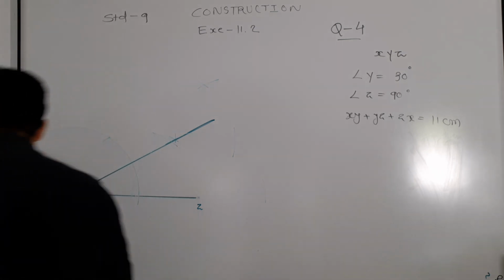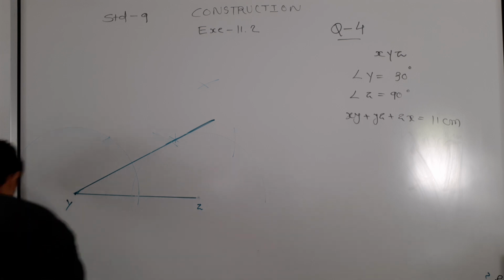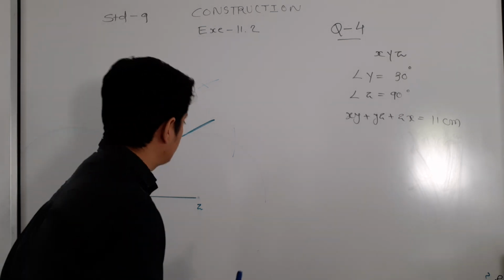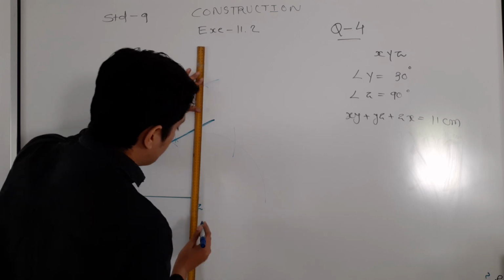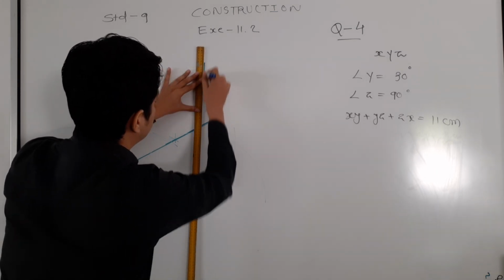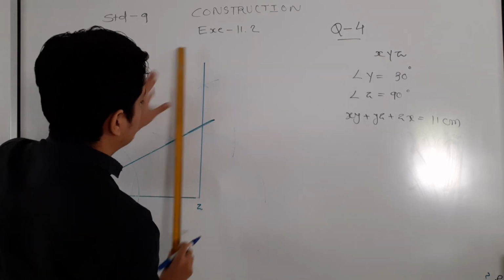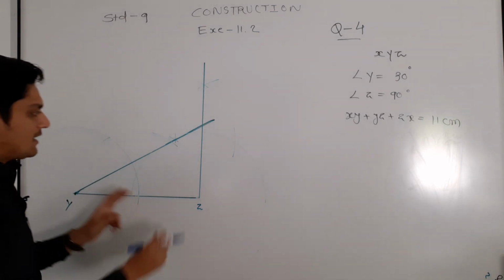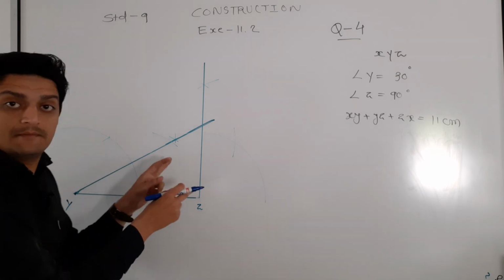So this is our 90 degree. Then a right triangle we have got here.